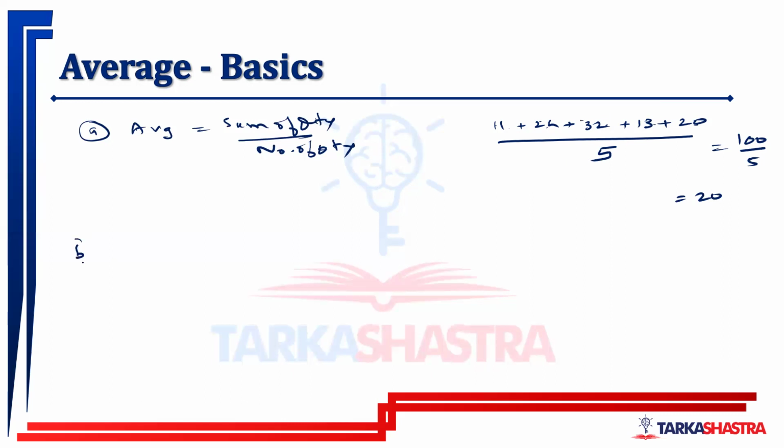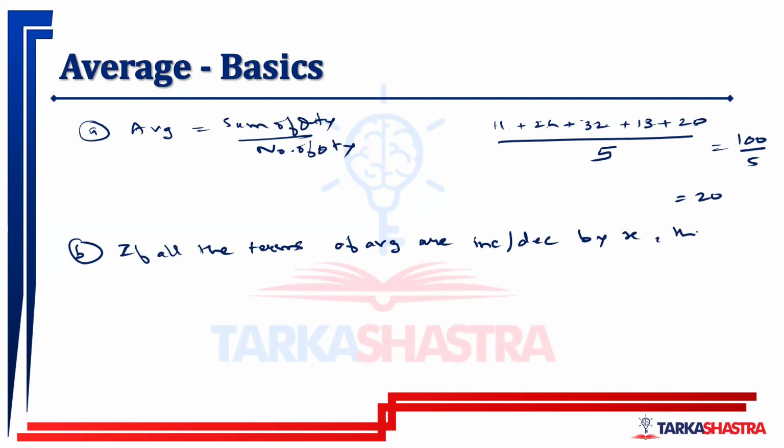Now, B part is that if all the terms of average are increased or decreased by a certain value x, then the overall average also increases or decreases by the same value x.